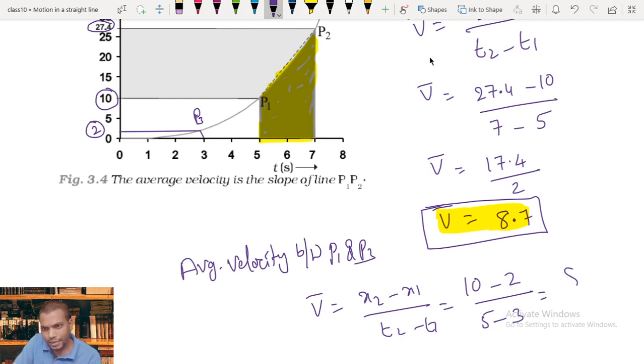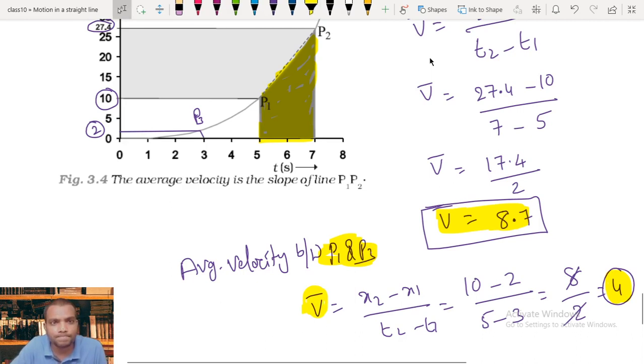Now 10 minus 2 is 8, and 5 minus 3 is 2, so it is 4. Now the average velocity between P1 and P3 is different. That itself shows it's non-uniform motion.